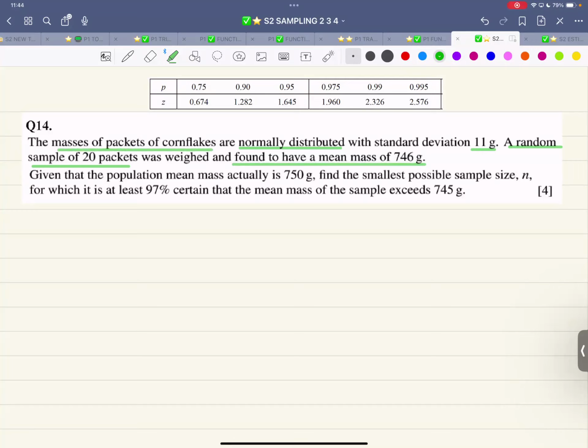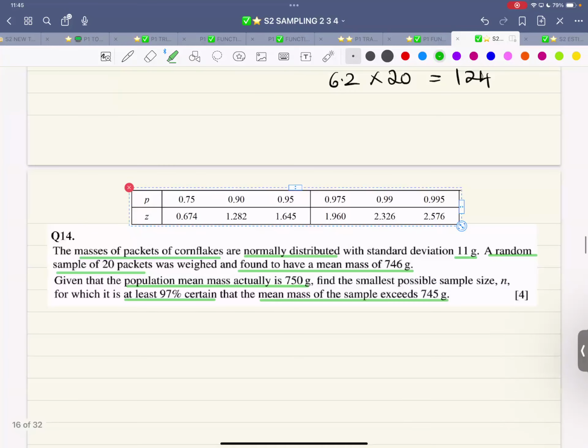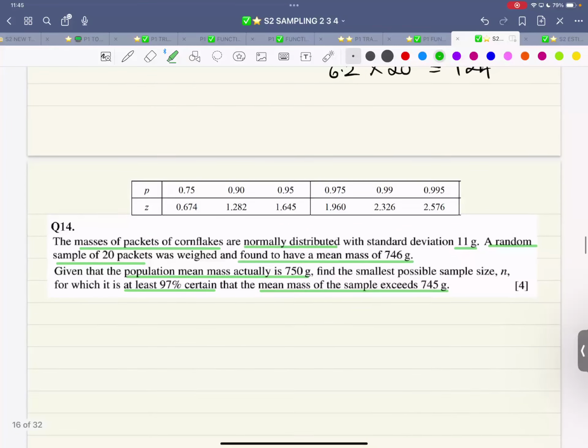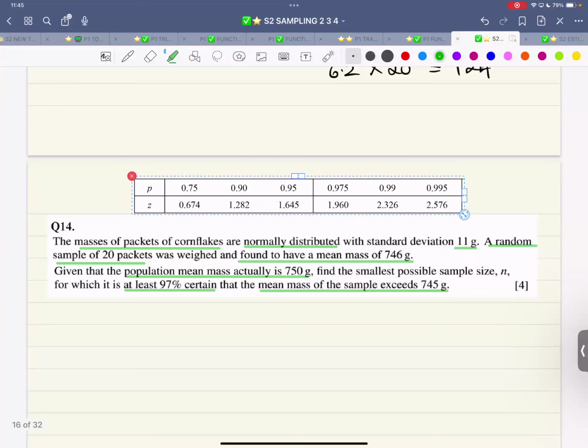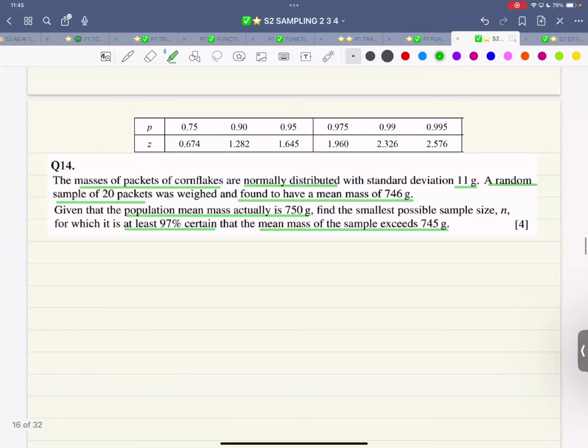Given that the population mean is actually 750, find the smallest possible size n for which it is at least 95% certain that the mean mass of the sample exceeds 745 grams. So now let me give you the hint. I would like you to try it out. This is a question of back solving. That's the first thing. And what data you need to use, think about it and try it out. Let me pause the recording.